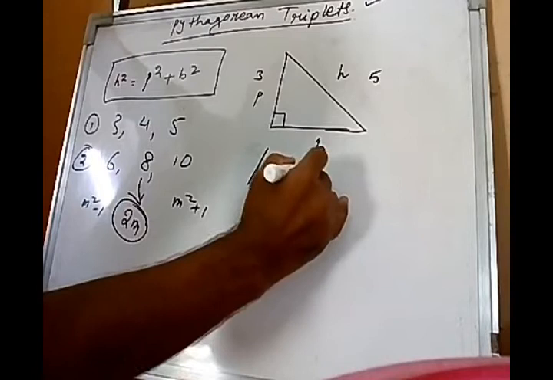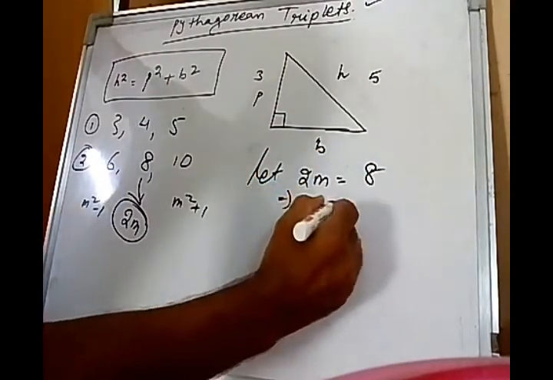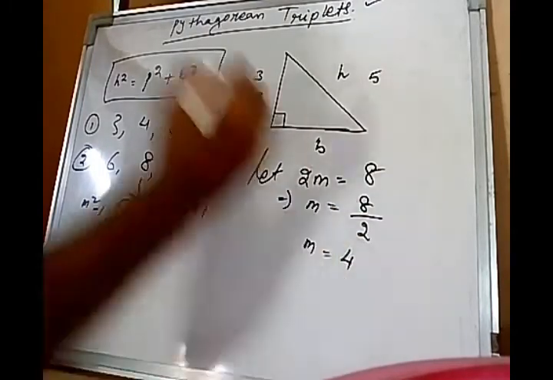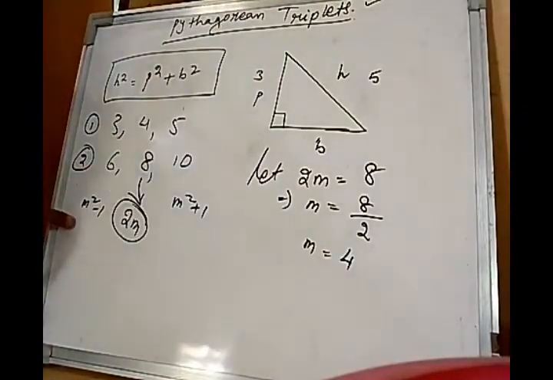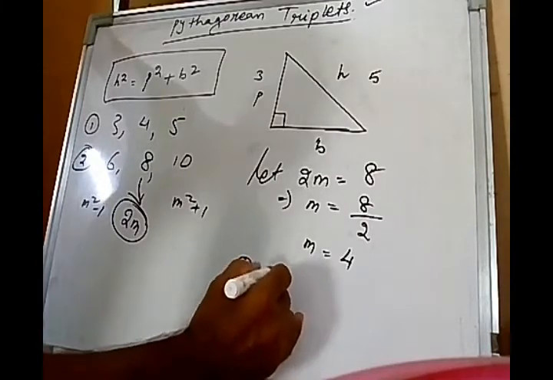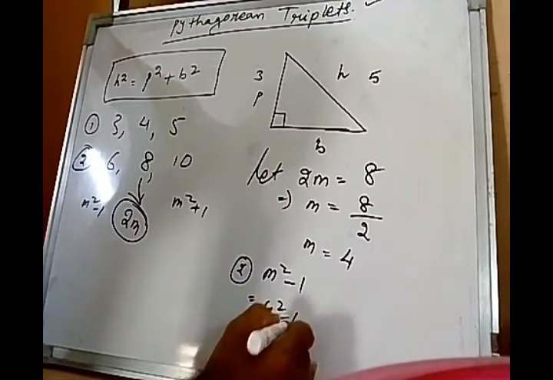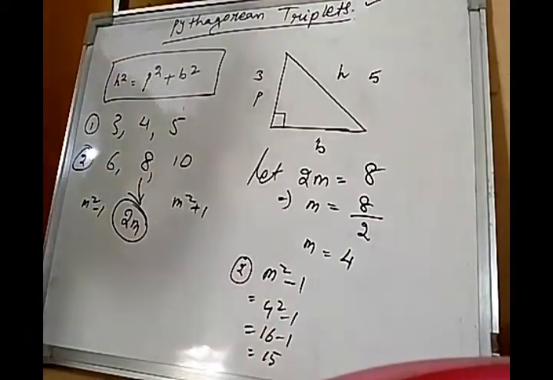Let 2m equal 8, which implies m equals 8 upon 2 equals 4. Therefore m equals 4. We got the value of m, that is 4. So we can put it in this form. The second one is m square minus 1. So 4 square minus 1, 16 minus 1 equals 15.